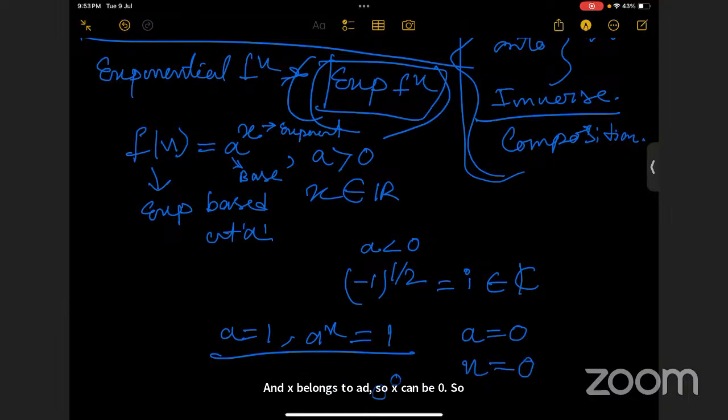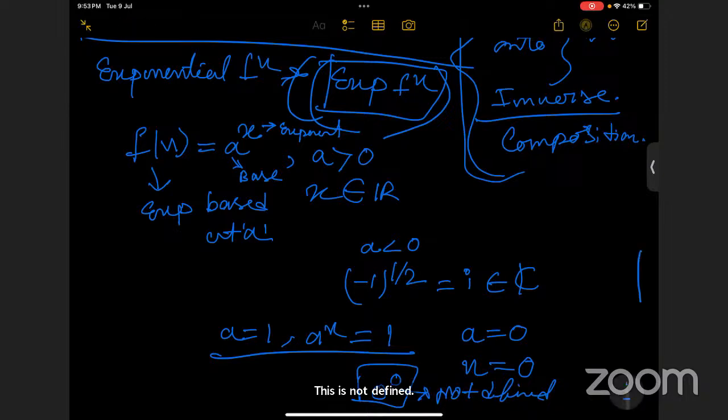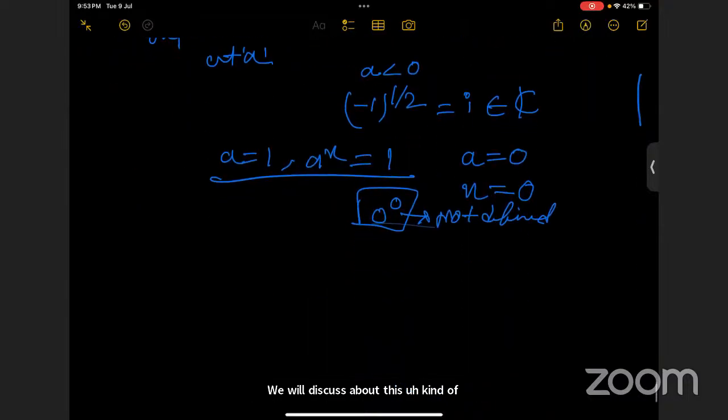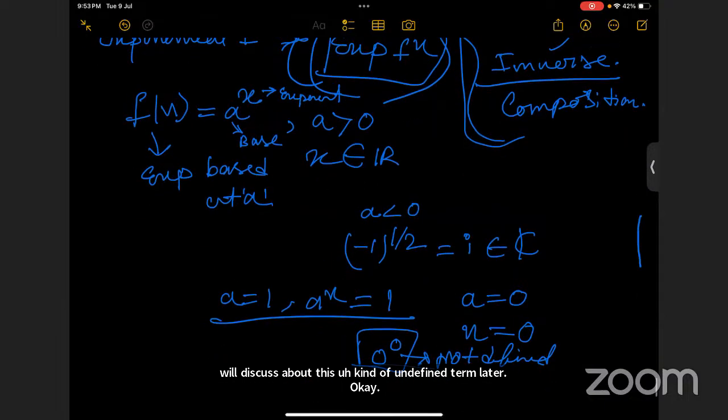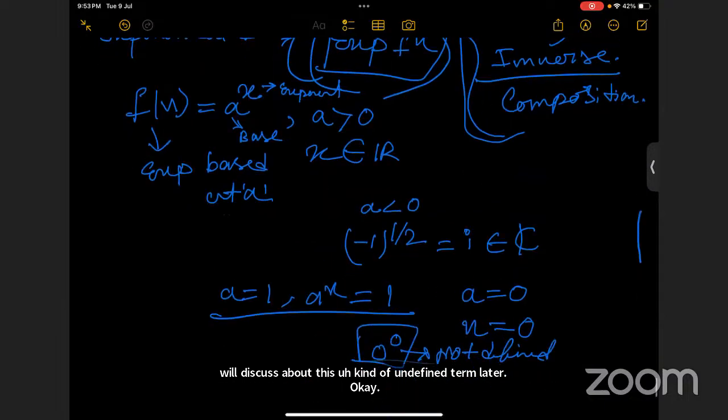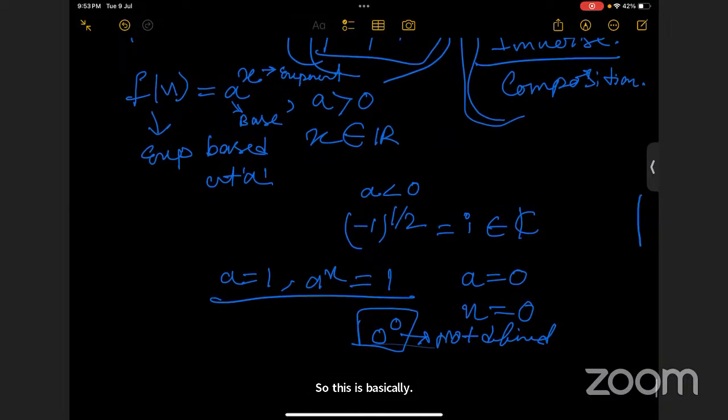Then we will get this term, which is not defined. This is that undefined term. We will discuss this kind of undefined term later on. So this is basically exponential function, and the base is a.